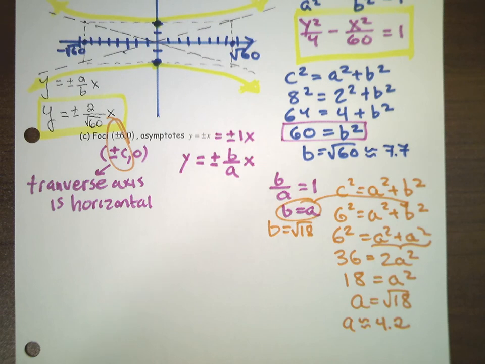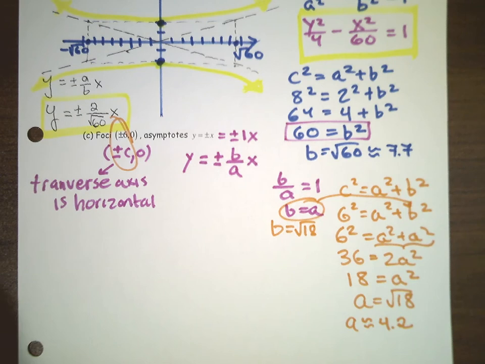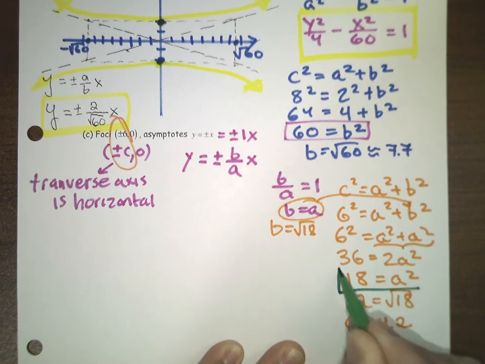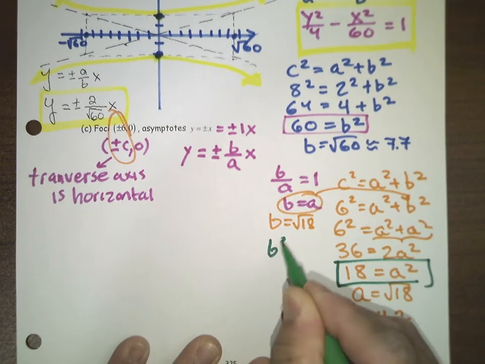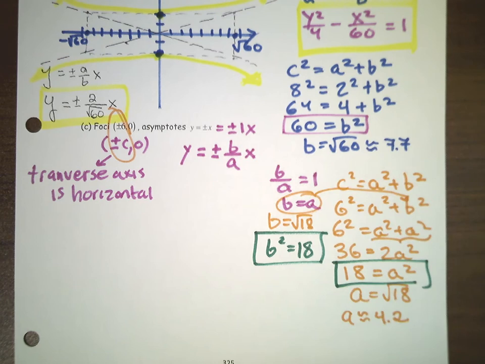So now I know that I can go ahead and write down the equation here. So if a squared is equal to 18, that means that b squared is also equal to 18. And I can write down the equation then.